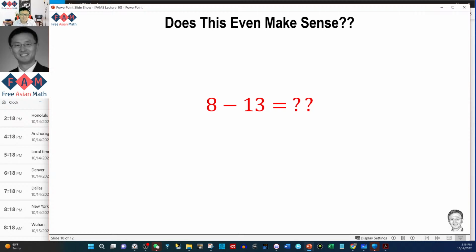Otherwise, you will be charged interest. So 8 minus 13, something like this can actually happen in the real world. It's not some joke or something academic that has no physical meaning. No, it has very real physical meaning.